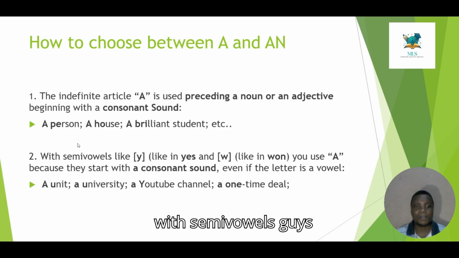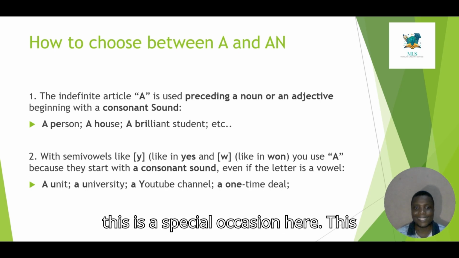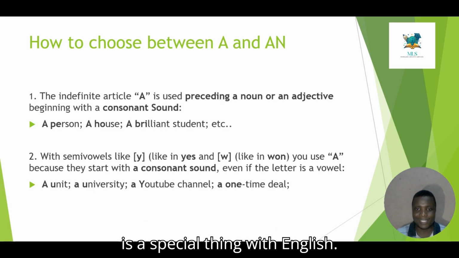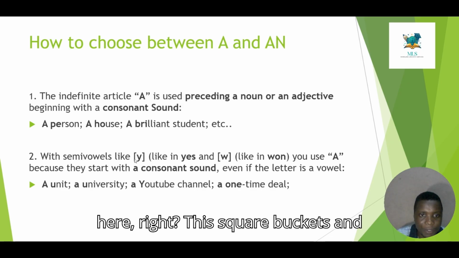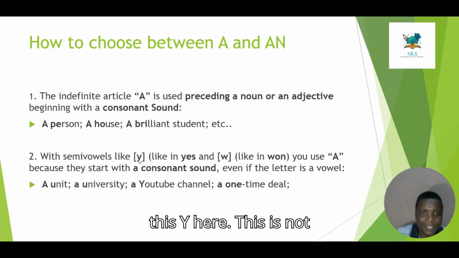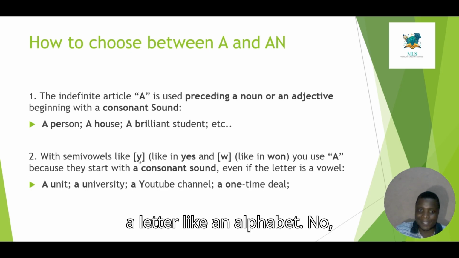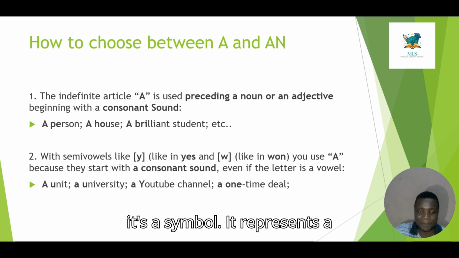With semivowels, guys, this is a special occasion. This is a special thing with English. You have this sign here, the square brackets and this Y. This is not a letter like in the alphabet. No, it's a symbol. It represents a sound.